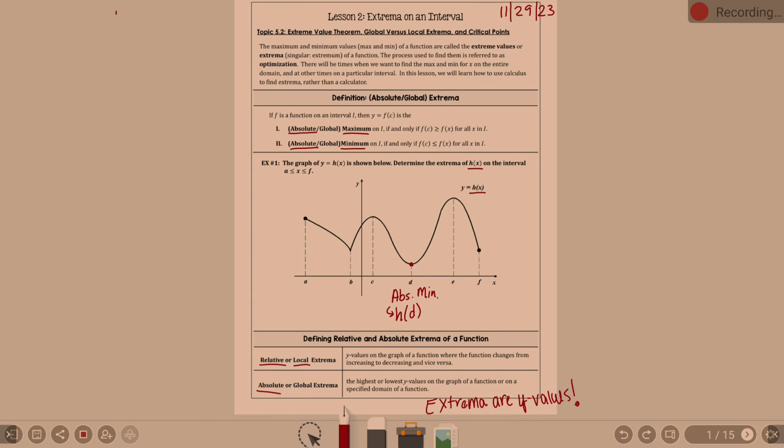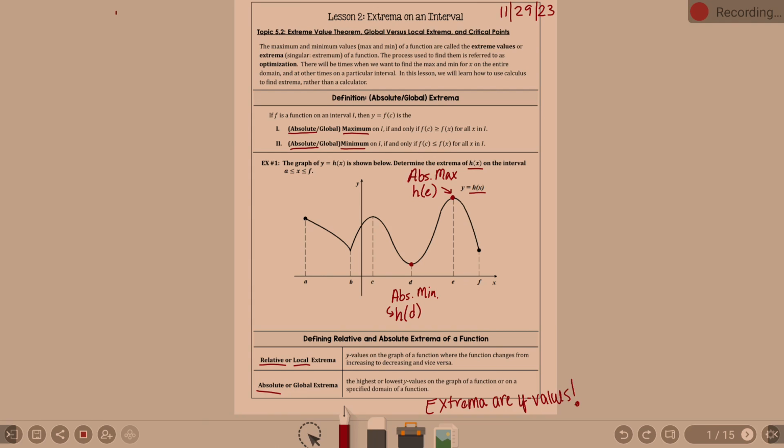What else did you say? E. Okay, so right here at E, an abs max, and that is h of E. I still want to write f of E, but okay. What else do you see? Multiple relative mins and maxes. Okay, give me a specific.